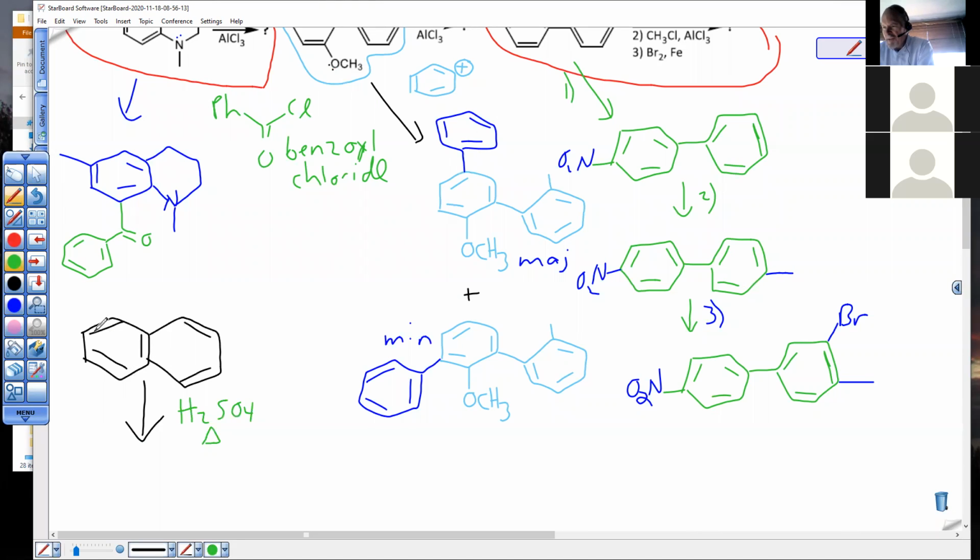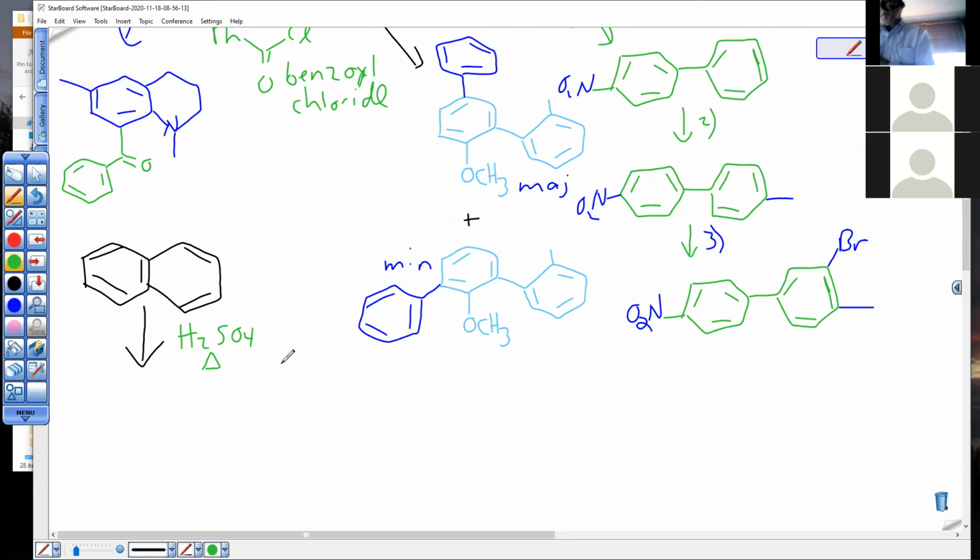I would think further away is better for steric reasons than closer. So I prefer at least para to one of the groups here, in the beta position. Remember, naphthalene has only alpha and beta positions all the way around. So we're going to put groups beta before we go alpha for steric reasons. And that's where we'd put our first group.